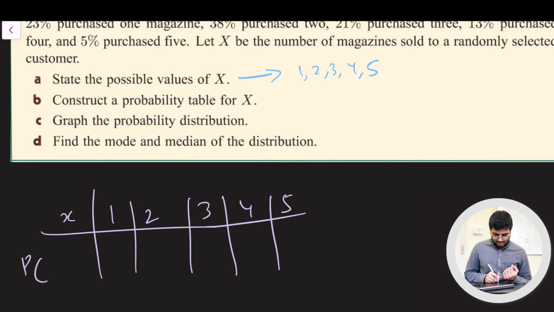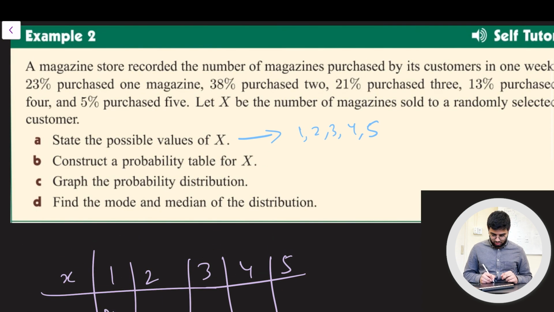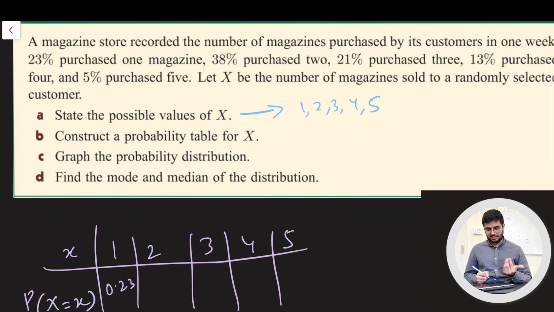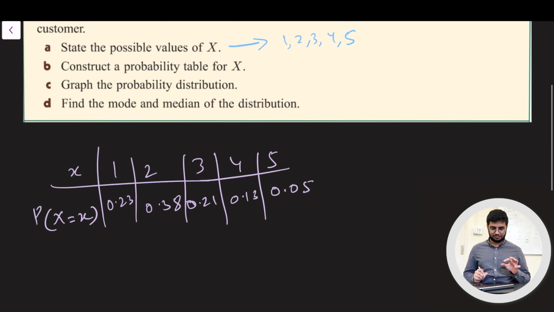And the probability that a randomly chosen customer gets 1 is 0.23. Try and write it as decimals. It is easier that way. You will make fewer mistakes instead of writing it as a percentage. And you literally just dot the points. Very simple.